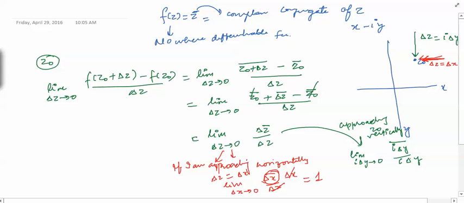Now what is this? The conjugate of this thing is minus iota del y upon iota del y, so this is minus 1, so the limit is minus 1. So if I am coming to z0 along the horizontal line, the limit is 1, and if I am coming from the vertical line, the limit is minus 1. It means that the limit is path dependent. It means that the limit does not exist, right? It means that this function f(z) = z bar is a nowhere differentiable function.